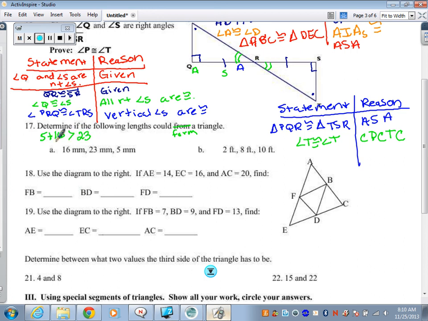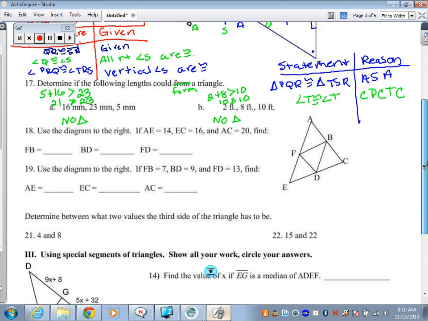It is 5 plus 16 is 21. It is not larger than the third side. Therefore, no triangle. Next one. 2 plus 8 must be greater than 10. 10 is greater than 10. No. So no triangle.